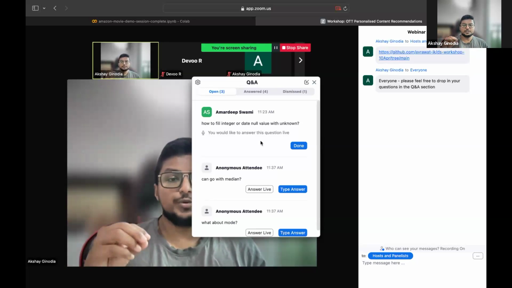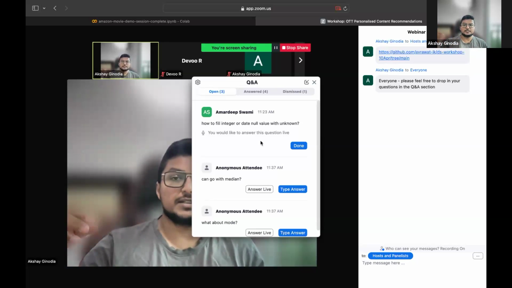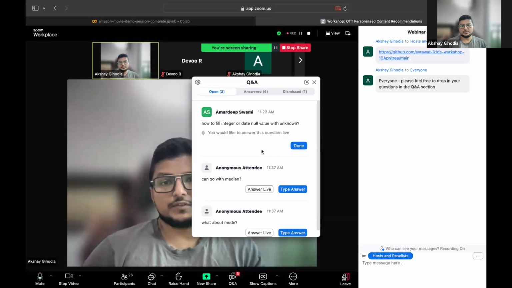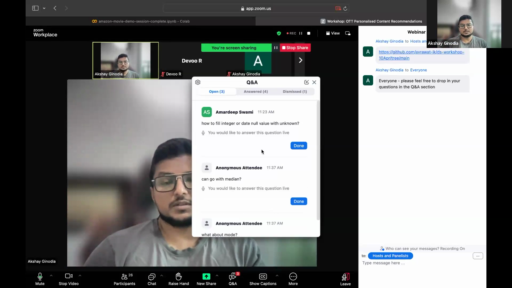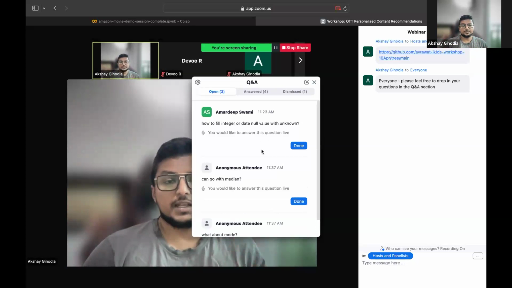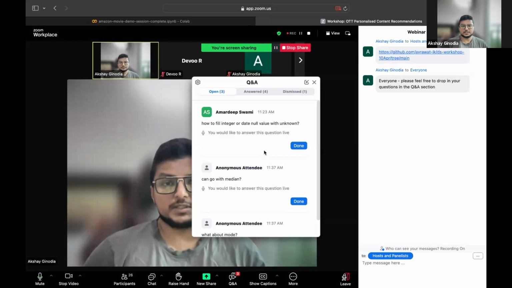So KNN imputer is taking similar data points and replacing it with the average of those data points. So a lot of different strategies are there. Median is a good default. You will use something more complex like KNN imputer and interpolation as more complex strategies.